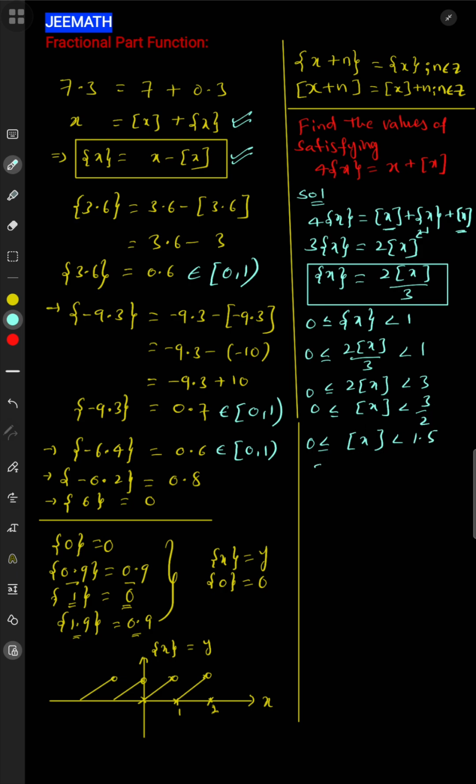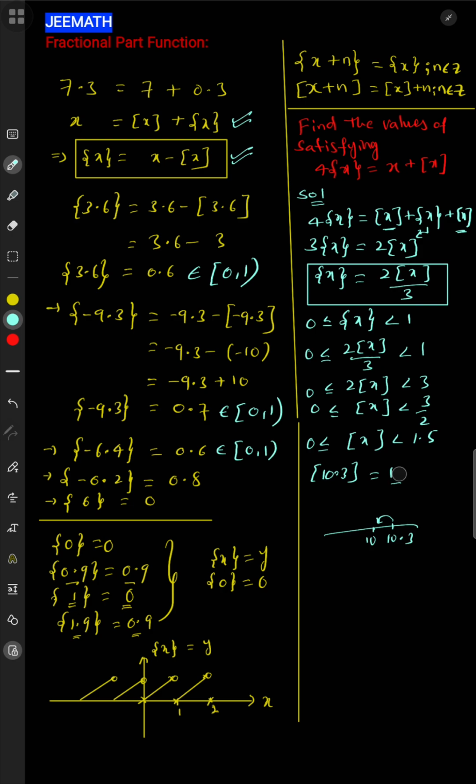But step x is always an integer. In place of x, substitute any number. Suppose 10.3. What is step of 10.3? What is the immediate left side integer of 10.3? 10 only, right? So in place of x, substituting any number, you are getting some integer only.